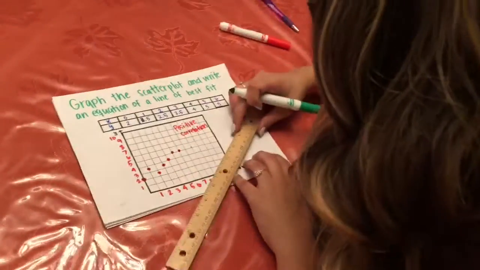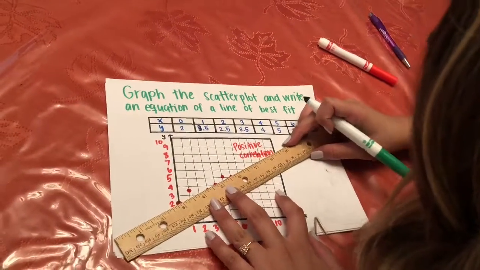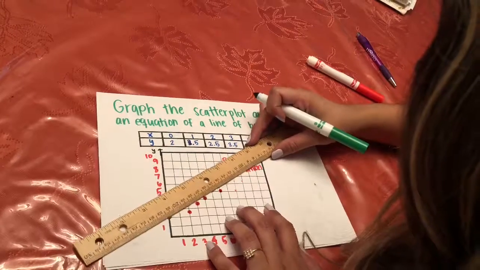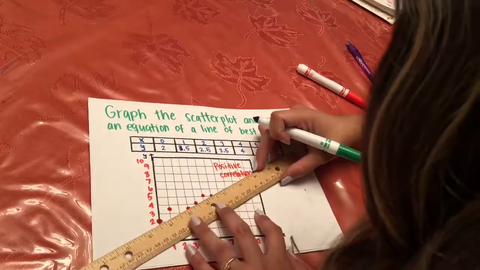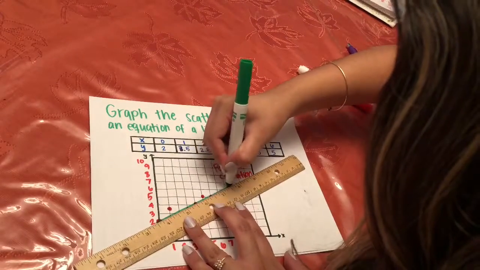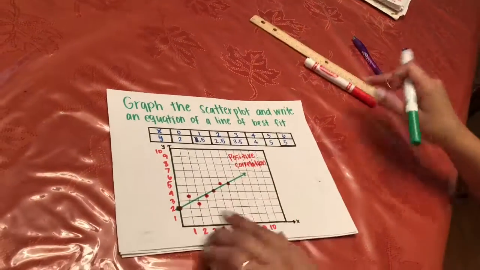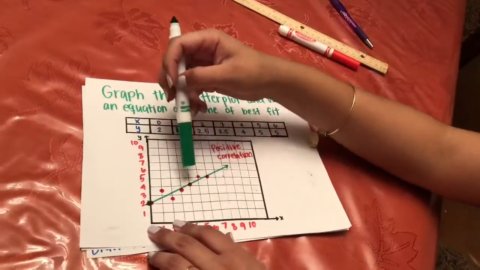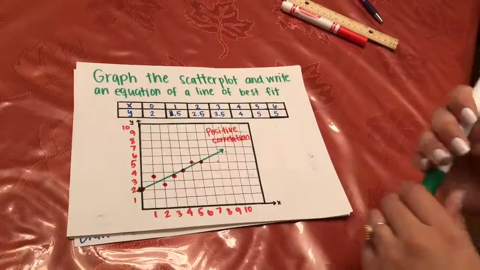And I want to say that my line of best fit is going to be, let's see, about there. So see, I have about like 1, 2 points down here, and then 1, 2 points down here.